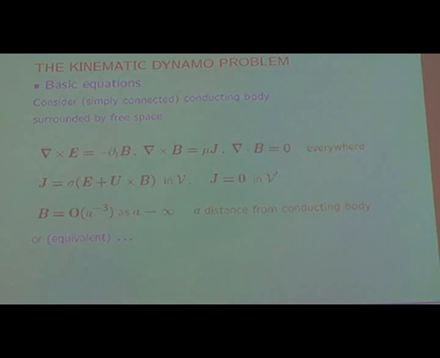Is it a reasonable assumption that there are no surface currents on the boundary of the dynamo region? Is it reasonable, and why are there no surface currents? I have no good answer, but it is reasonable. If you had, for example, a surface charge, then by the rotation of this body a surface current would occur.